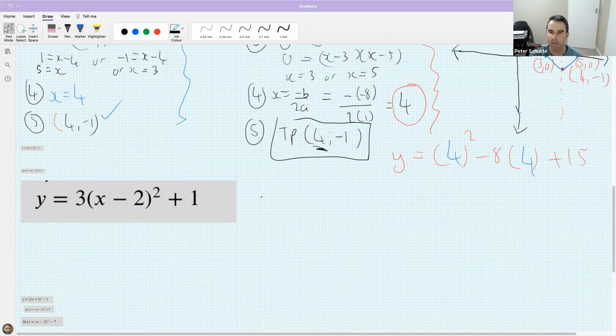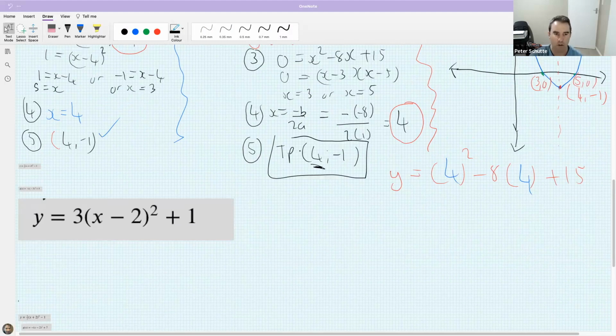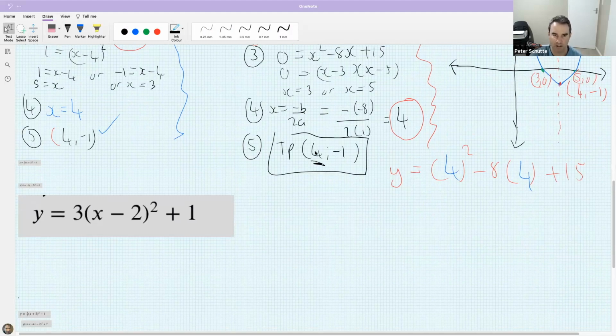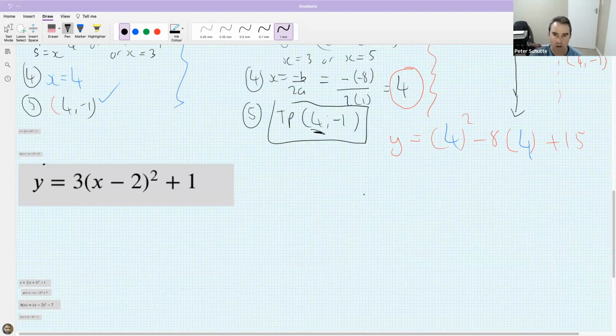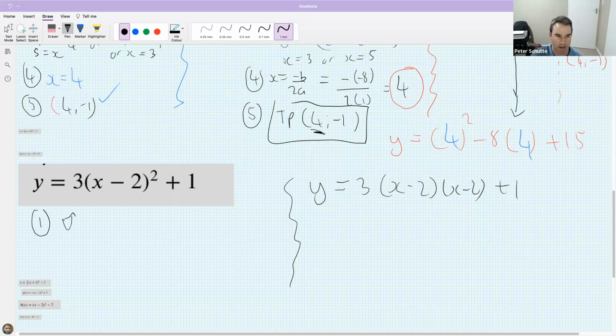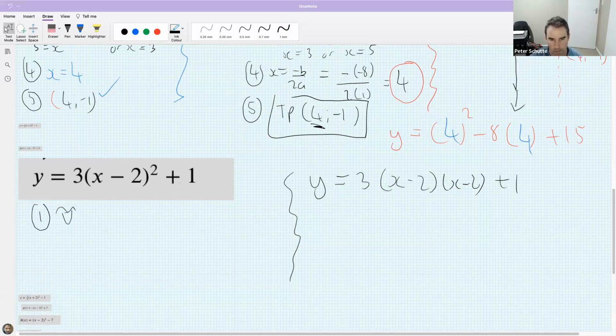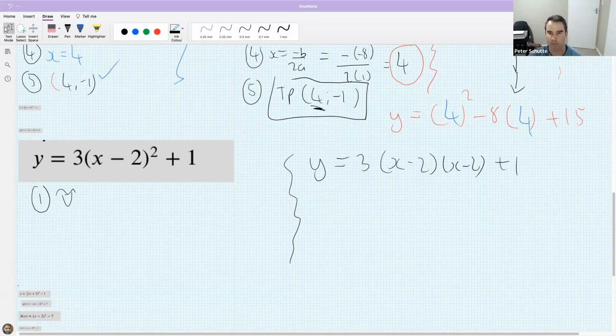Okay, we have a choice. For those who want to break this into standard form, you would have to multiply out. For those who are happy to stay in turning point form, you can start straight away. So you need to make your choice, which one works for you. It does take a little bit more work at the beginning to break it into standard form.